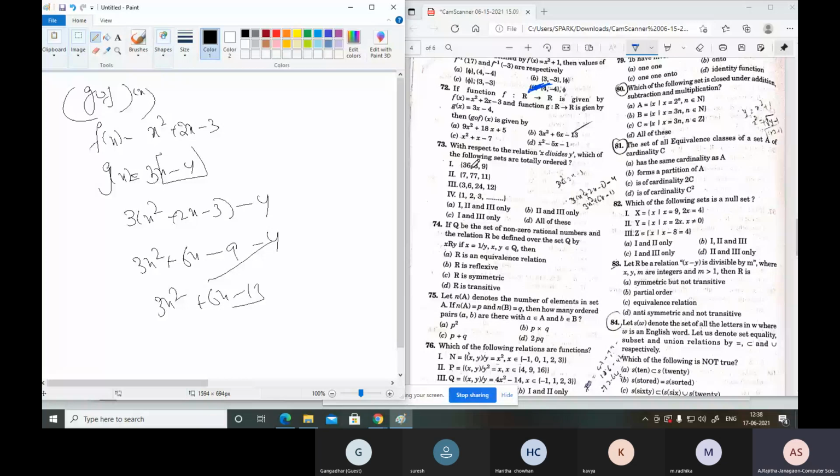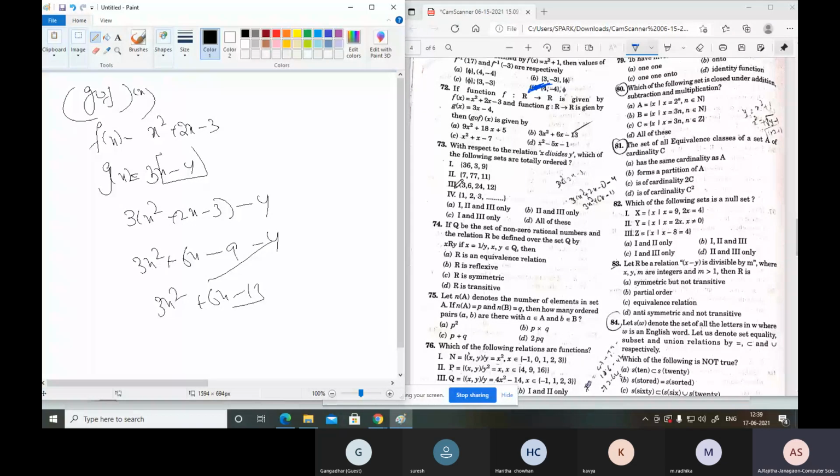Okay, coming to this one, 7 times 11 is 77, but 11 is not divided by these two, so this is not an x divides y relation. Now coming to here, 3 times 2 is 6 and 3 times 4 is 12, so every element is divisible. Now this is also: 1 is divisible with all elements, but this is infinite, so we are not assuming this 4, but 1 and this one.